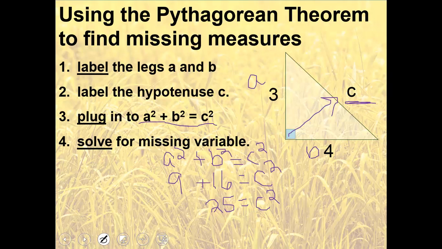I'm not interested in c squared. I had to get c squared in order to finally get to C. So I have to take the square root of both sides. Remember, square rooting undoes squaring. So over here, I'm left with just C, and then this is 5. Okay, so 5 is equal to C.